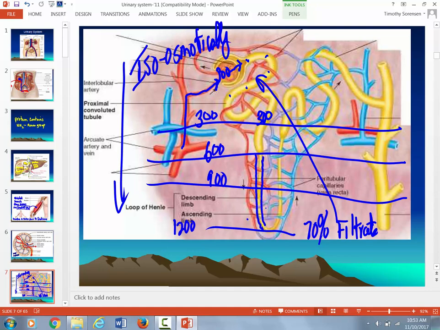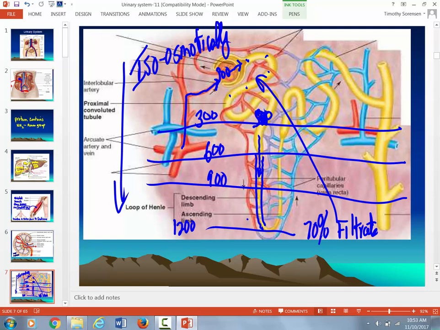it thins out. The only thing that can be reabsorbed in the descending limb of the loop of Henle is water. So what's the osmolarity of the filtrate going into the loop of Henle? What is it? It's 300, right? So as it moves deeper and deeper into the medulla of the kidney, it's seeing an environment that has a higher osmolarity.